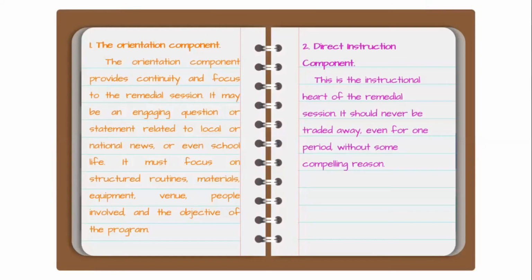It must focus on structured routines, materials, equipment, venue, people involved, and the objective of the program. So the orientation component focuses on the proper communication between the persons involved. We have to orient the parent, the teacher, and the student about the remedial program.